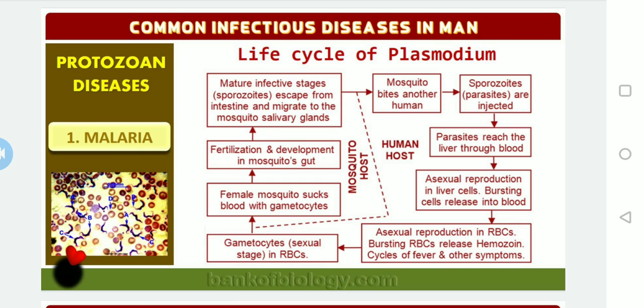So what happens next? The parasite initially multiplies within the liver cells and then attacks the RBCs, resulting in their rupture.